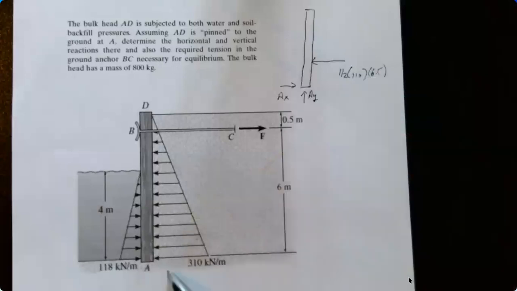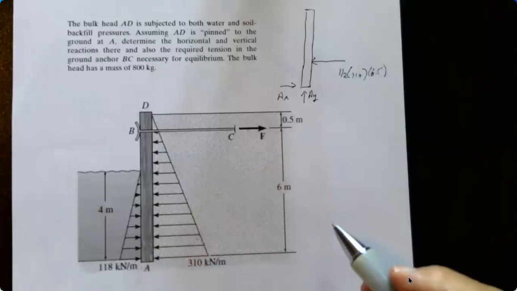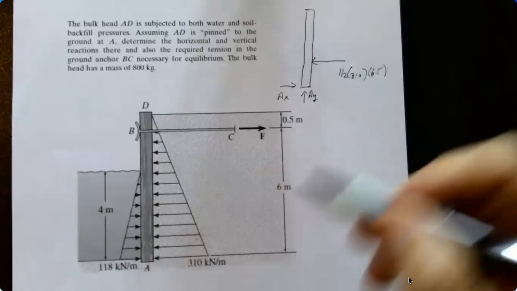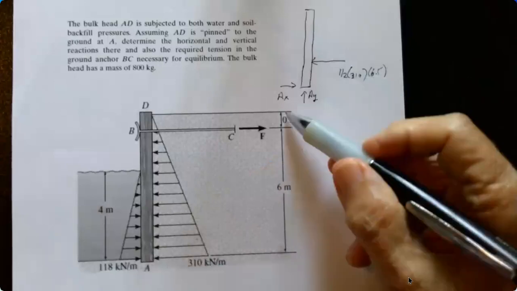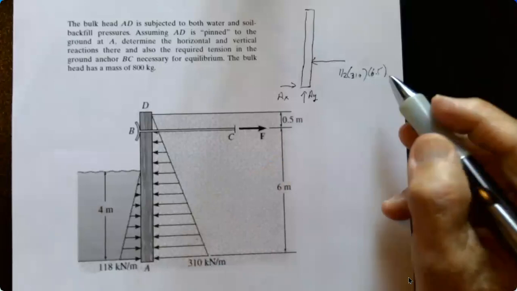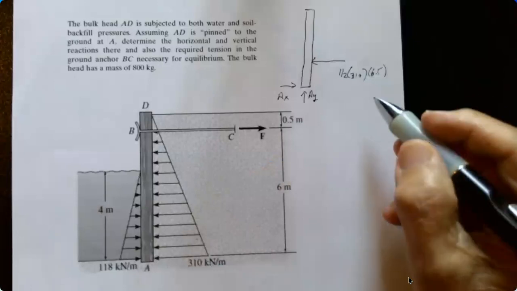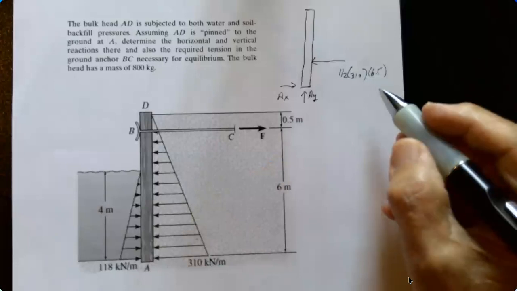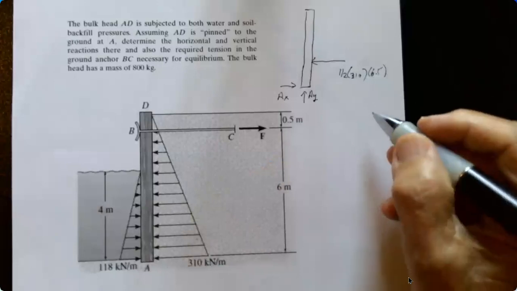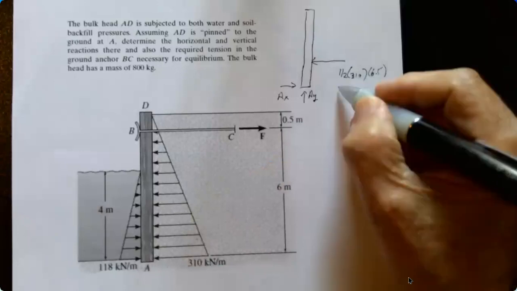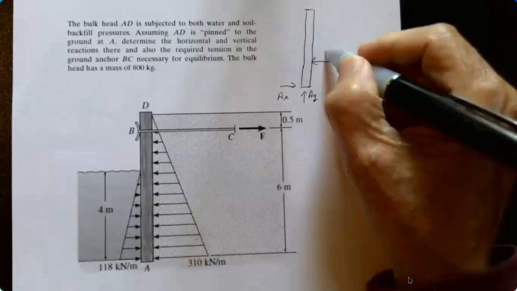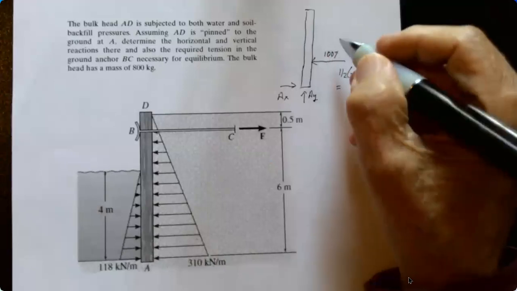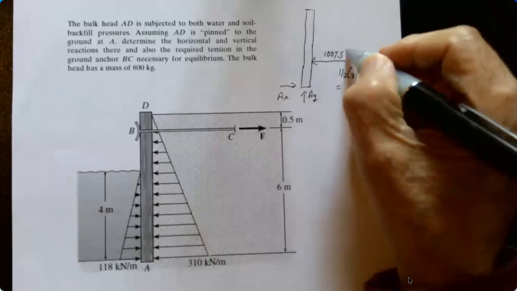The base is actually 310. Height is 6 plus 0.5, so it's 1/2 times 310 times 6.5. And this is 1,007.5 kilonewtons.